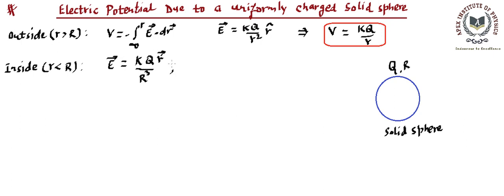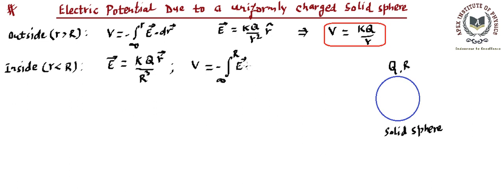So this will lead to the potential expression V is equal to minus integration from infinity to r. First we will integrate up to capital R in two parts as we had in the spherical shell case.